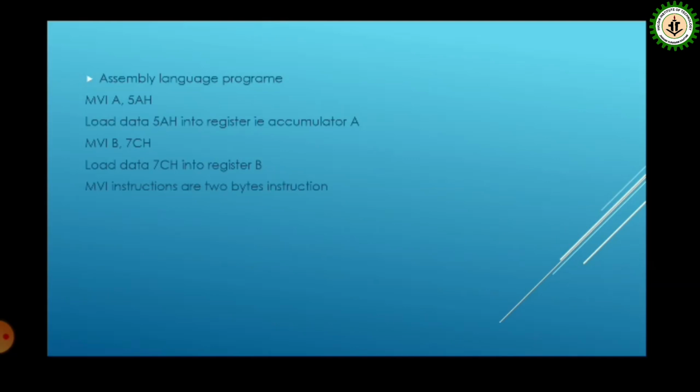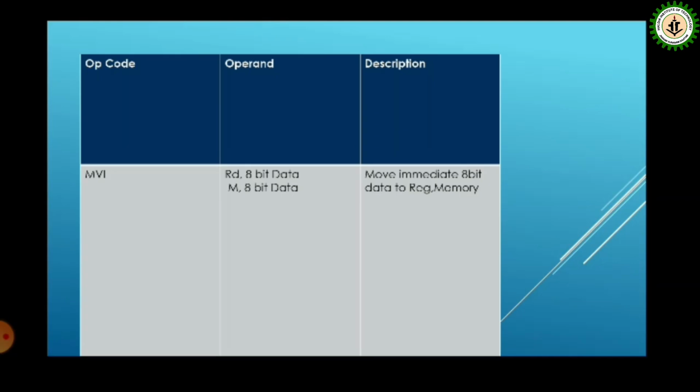MVI B, 7CH: move data 7CH into register B. That is, I am directly loading a particular hexadecimal number into a particular register. The register may be a general purpose register, or the register may be an accumulator. So here, MVI instruction: register, data, move immediate.